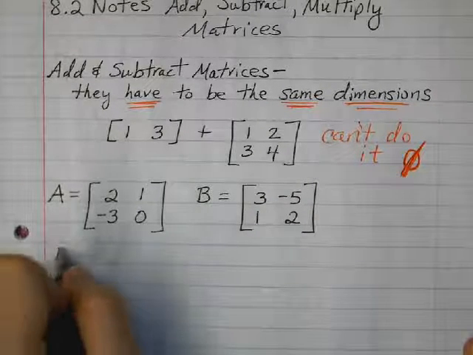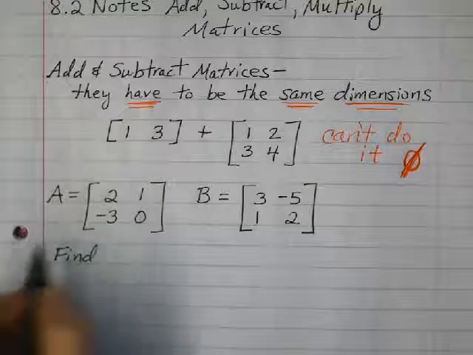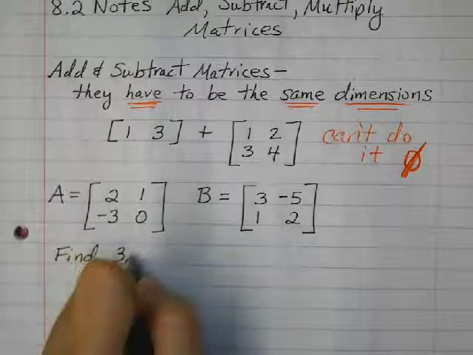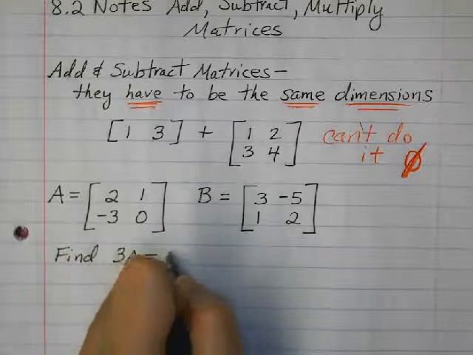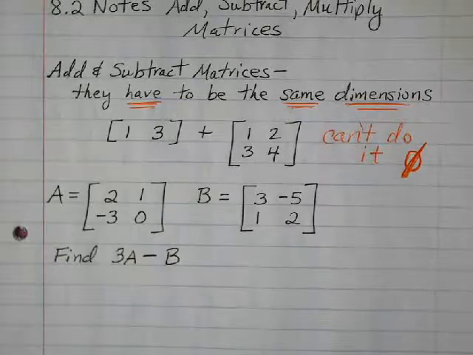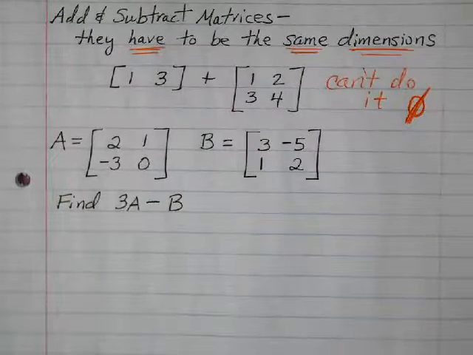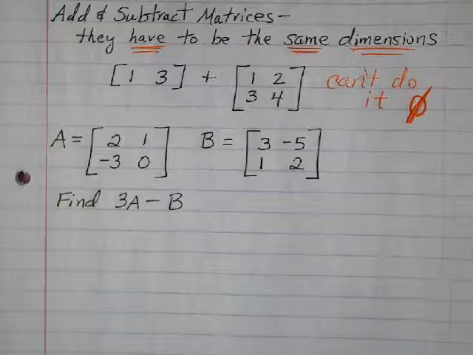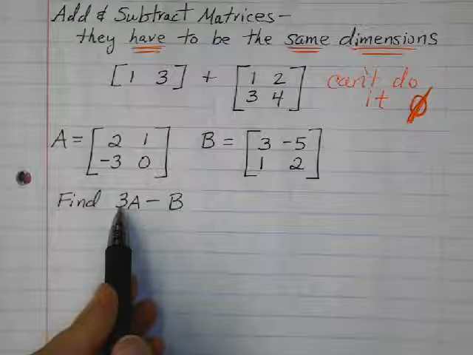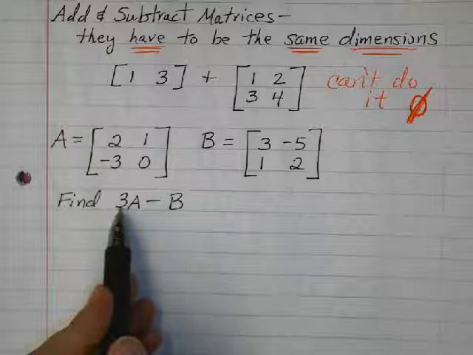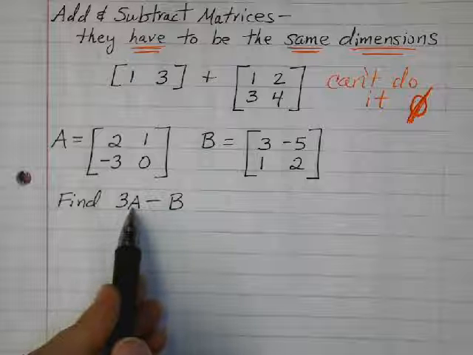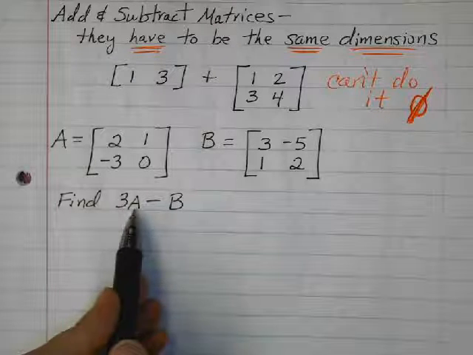They're going to do some questions where they ask you to find something like this, 3A minus B. Let's try something like that. Find 3A minus B. So what do you think the 3 means to do? What do you think we're going to do?